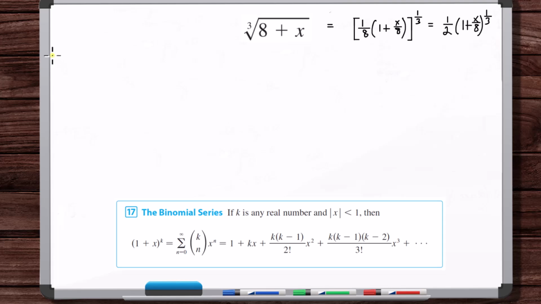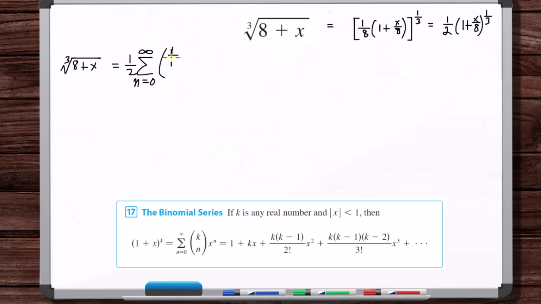All right, so we've got the sum from n is equal to 0 to infinity. And then let's put the 1/2 out front for now. We might want to bring this in, maybe it'll help with a pattern.